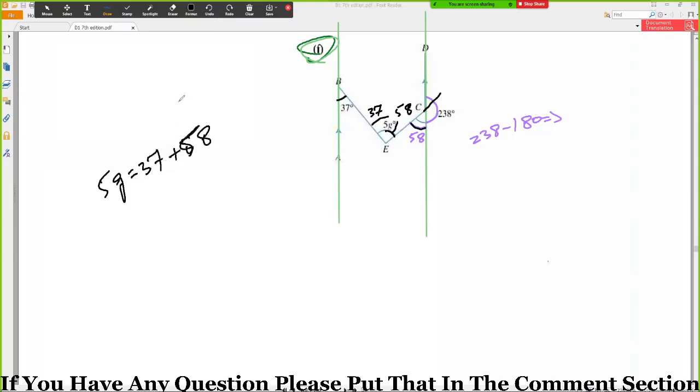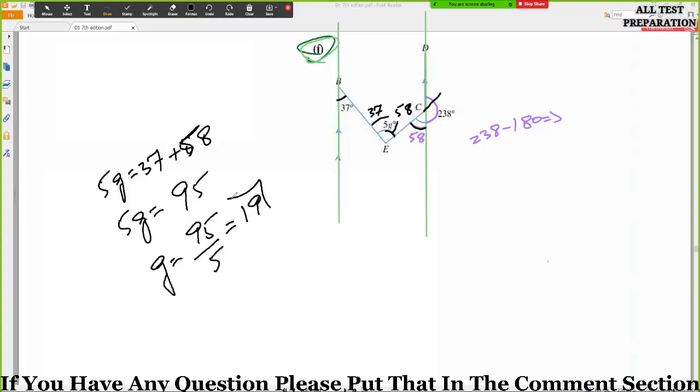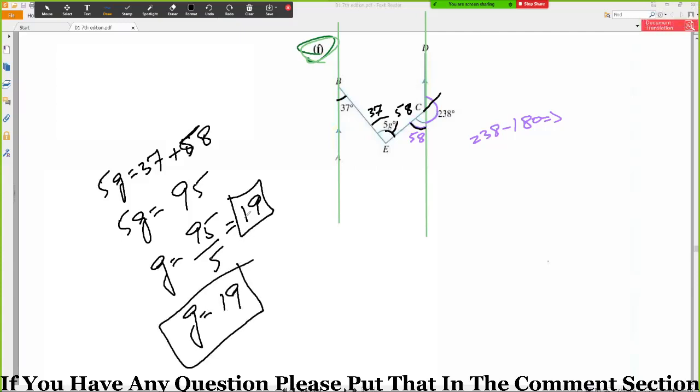So your 5G angle will be equal to 37 plus 58, which is equal to 95. So your G angle will be equal to 95 divided by 5. So that will be equal to 19. So your G angle will be equal to 19, which is the unknown. अब समझ आ गया आपको क्या नहीं?